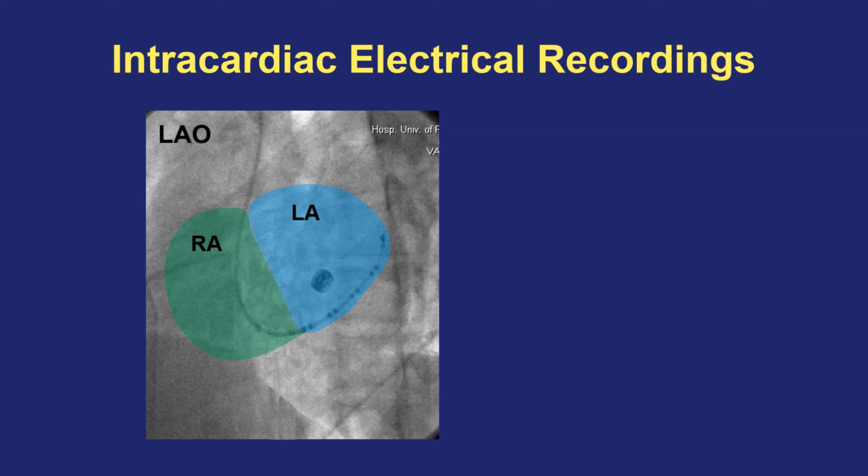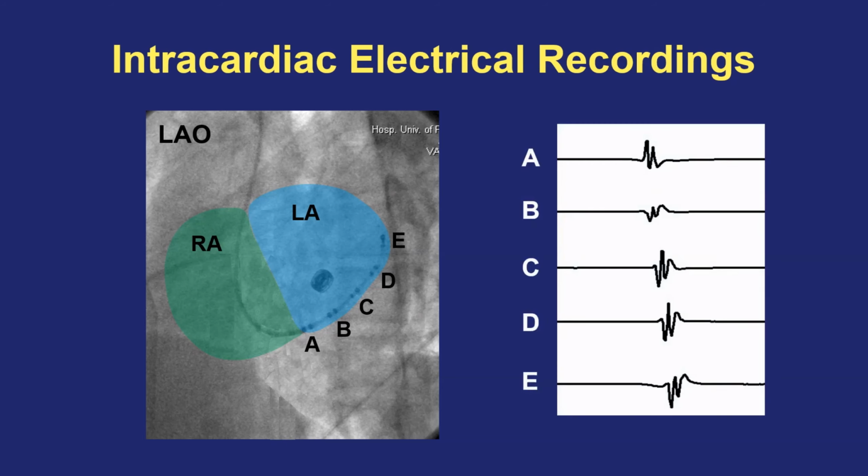If you were to record from these 5 pairs of electrodes that I'm arbitrarily labeling A through E, A sitting at the interatrial septum and E sitting at the lateral aspect of the left atrium, and a single beat occurred, and here are the recordings during that beat, we can see right away, instantaneously, that because the signal was inscribed at position A, followed by B, then C, then D, then E, that this beat must have originated rightward from the electrode pair labeled A, meaning from the interatrial septum or from the right atrium.